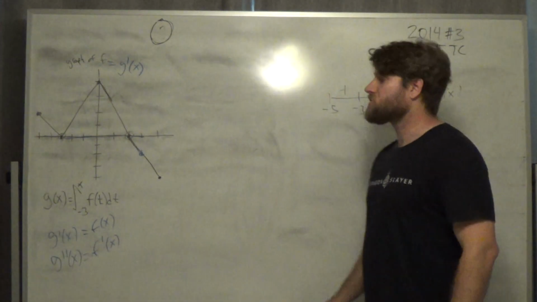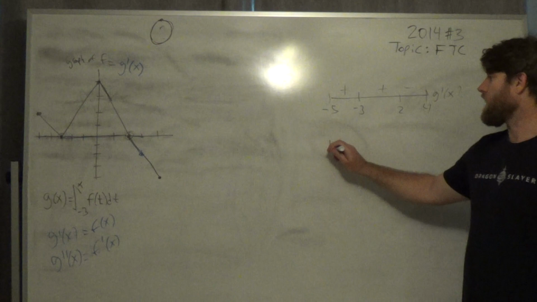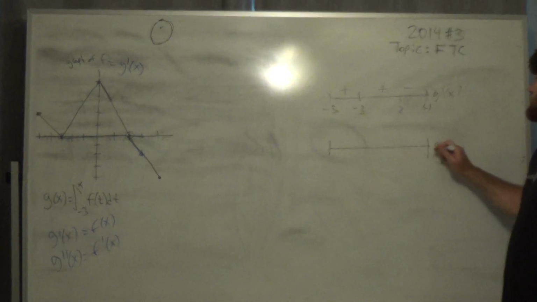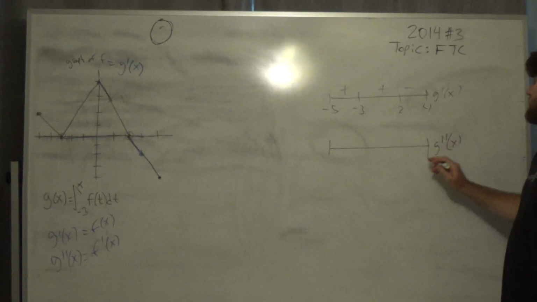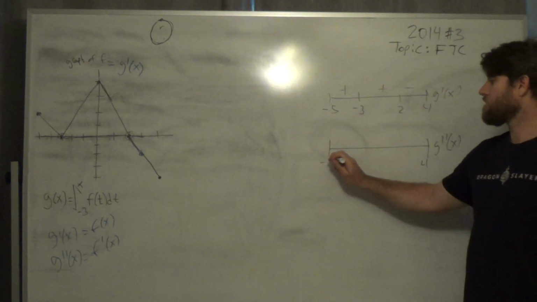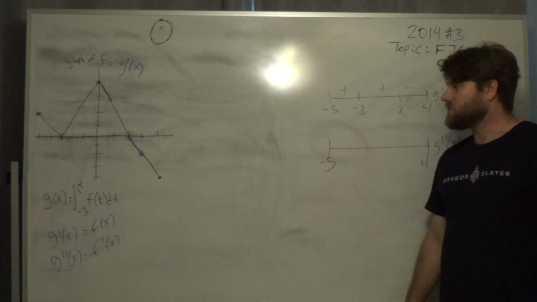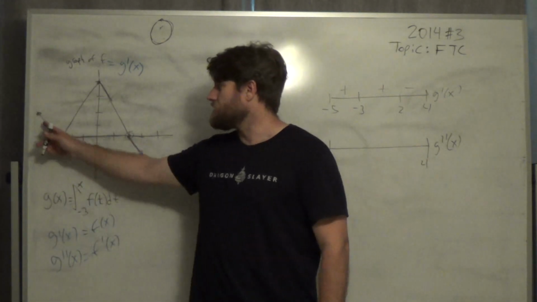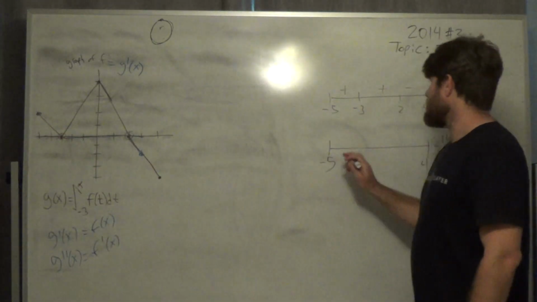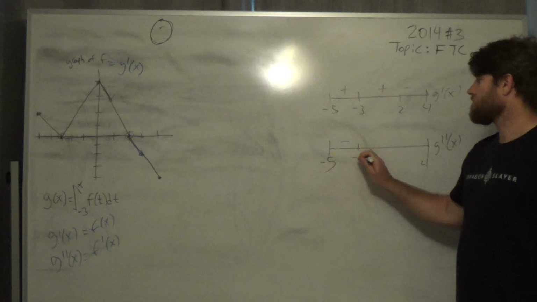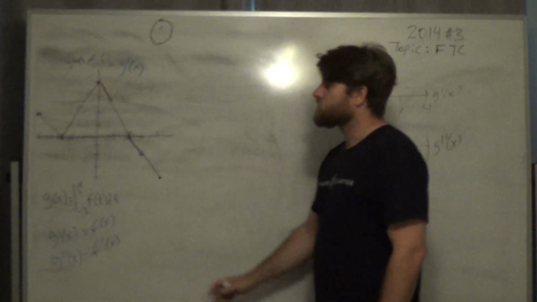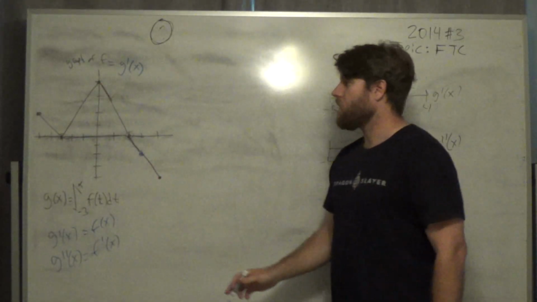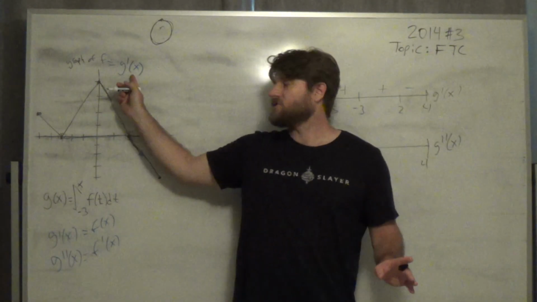And now we're going to look at the slopes of g prime to make a sign chart of its derivative, g double prime x. Again, we're looking at slopes. Slopes were decreasing until I hit -3. And then my slopes were increasing until 0. And again, why am I looking at slopes? This is g prime.